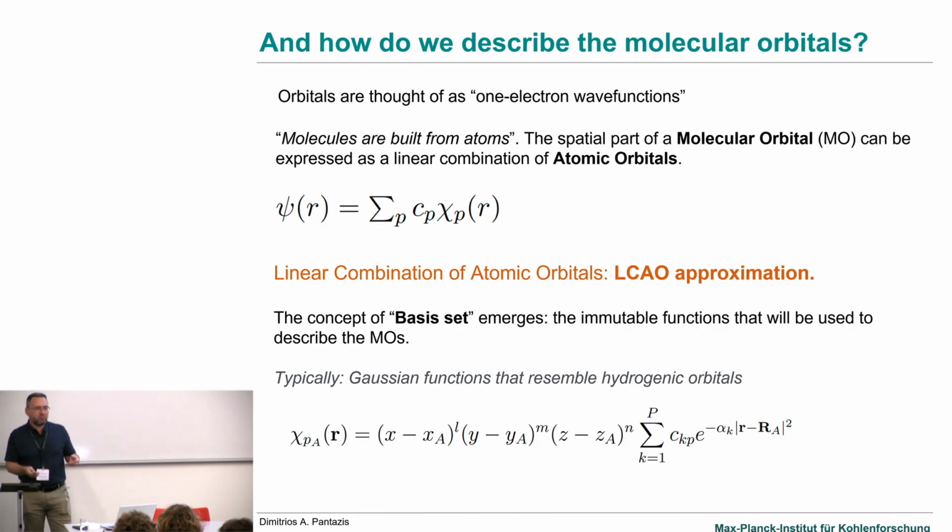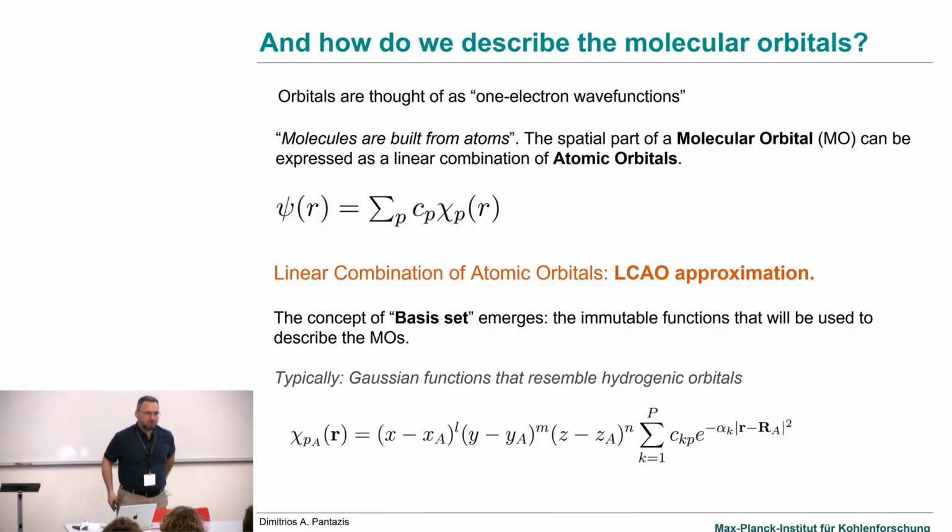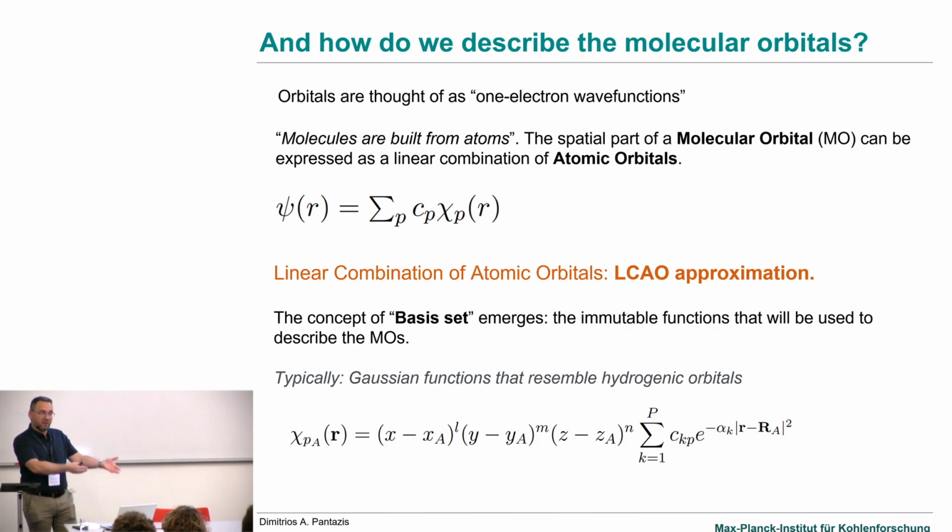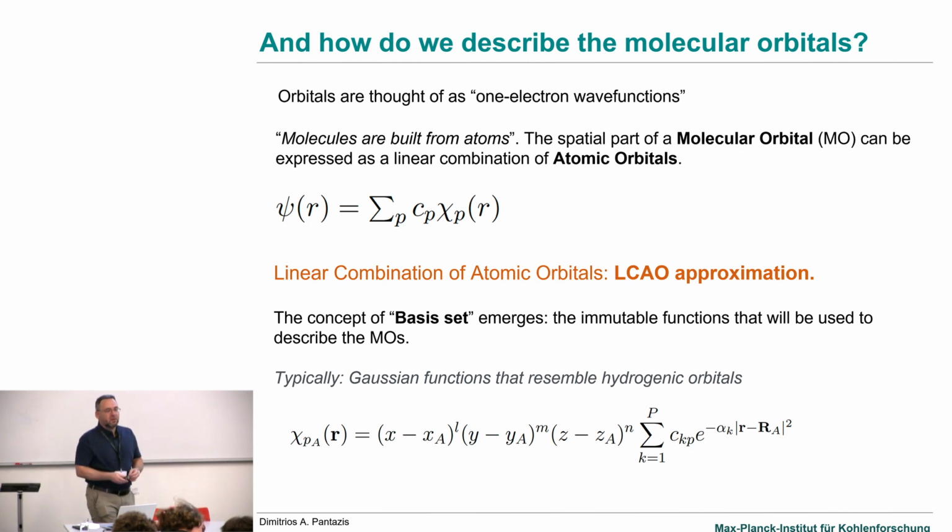What are hydrogenic orbitals? If you have a hydrogen atom, with a nucleus and an electron, you can actually solve the wave function of the electron and have a nice formula. But you can only do that when you have one electron. So you cannot do that, for example, for iron, because you have 26 electrons. That's a problem.